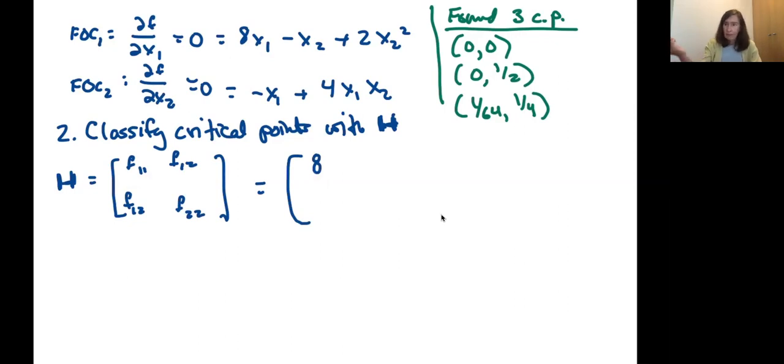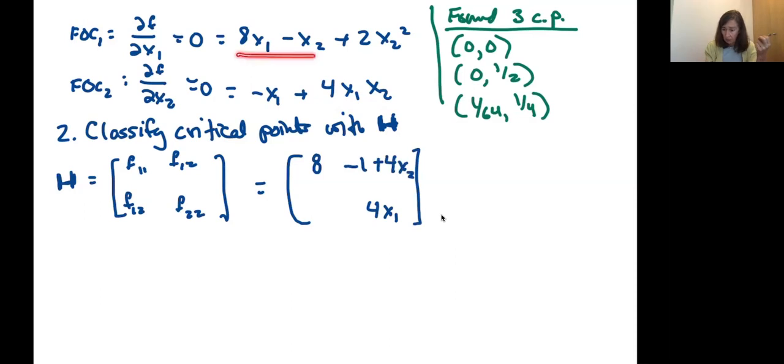Let's go ahead and do the other direct second partial. Taking the derivative of del f del x2 with respect to x2 again, I get 4x1. And now I need to do the cross partial. Taking the derivative of del f del x1, this time with respect to x2, I get -1 plus 4x2.